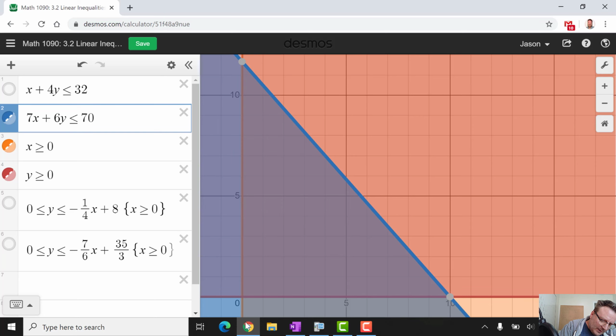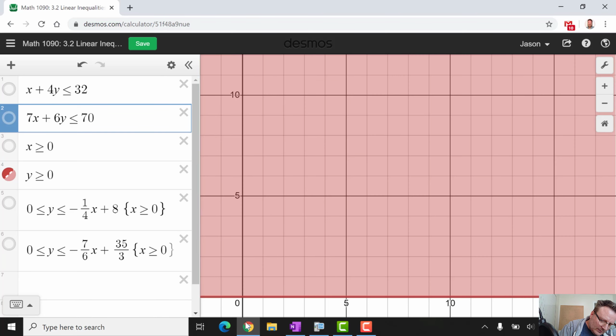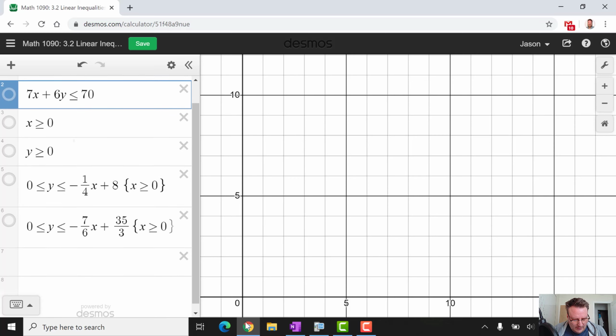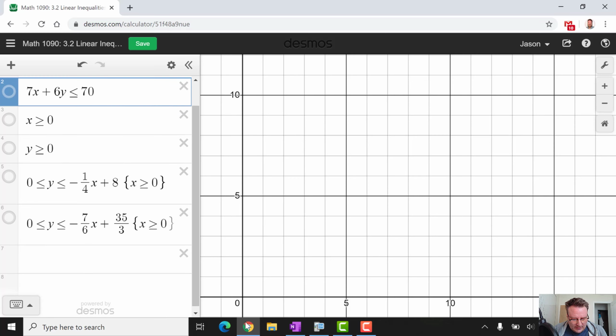I think it makes a little more sense to, well, Desmos does allow us to get a nicer way of graphing this, and that is with this special kind of notation. If you solve your inequalities for y, then you can specify that y has to be greater than or equal to 0 in the inequalities, or whatever it has to be greater than.